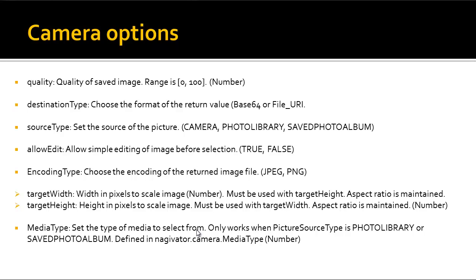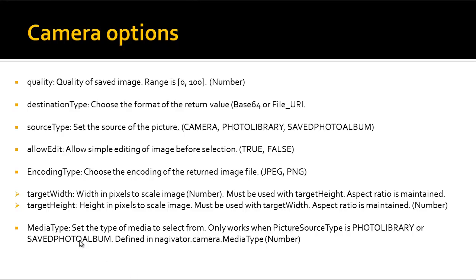So we can select pictures only, videos only, or both pictures and videos. Now this only works when your source type parameter is set to photo library or saved photo album. Now like I said, photo library and saved photo album do the same thing on the Android platform.